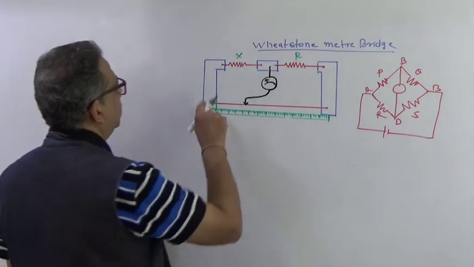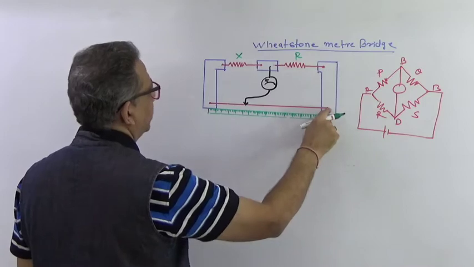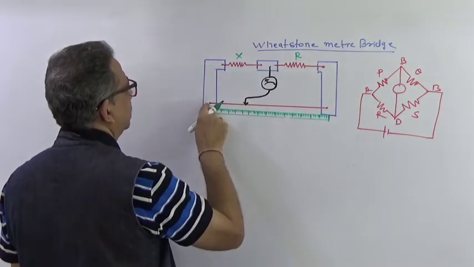As you see, the blue colored parts are copper strips. This resistor is connected to this point, and the other point of this resistor is connected over here.